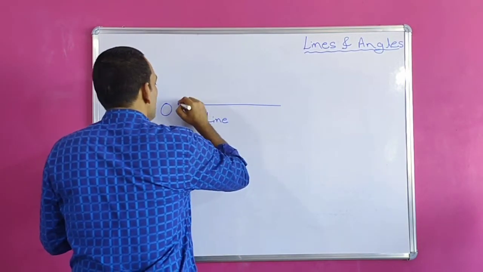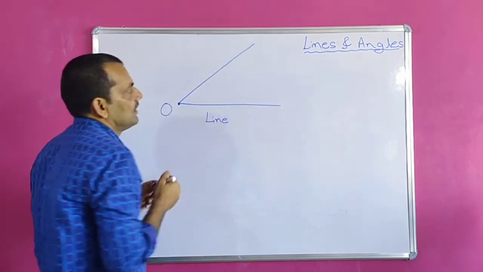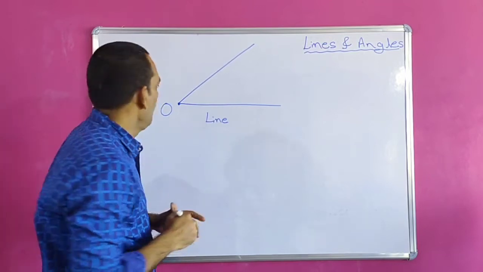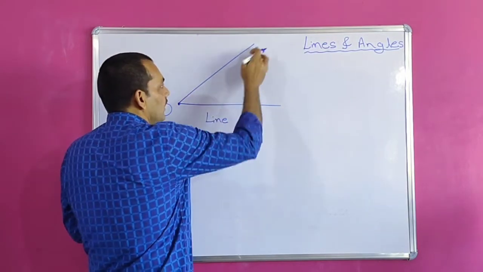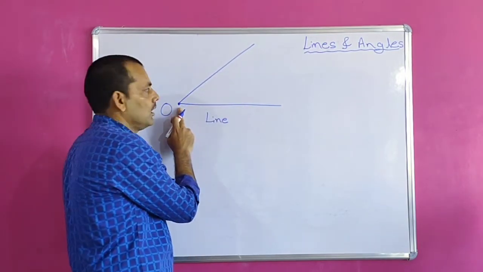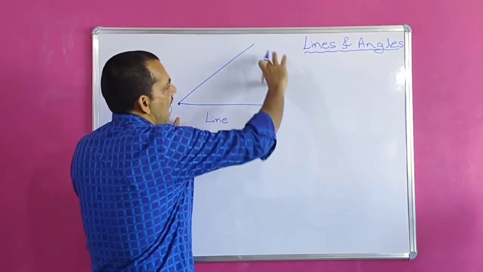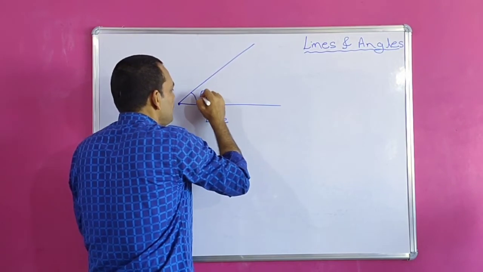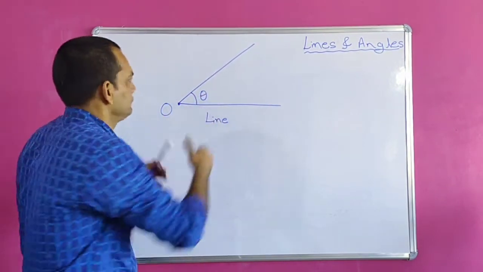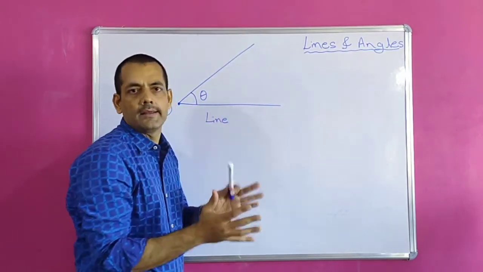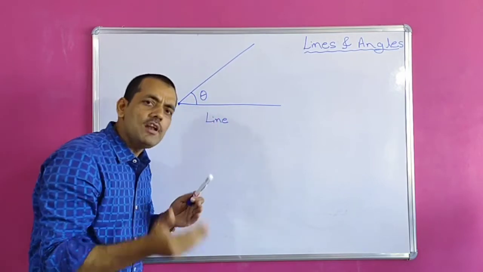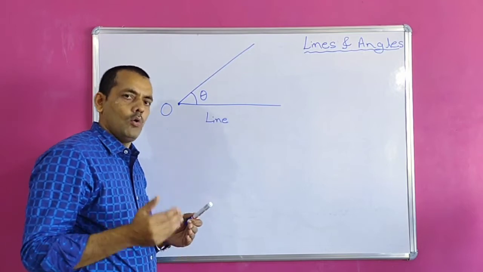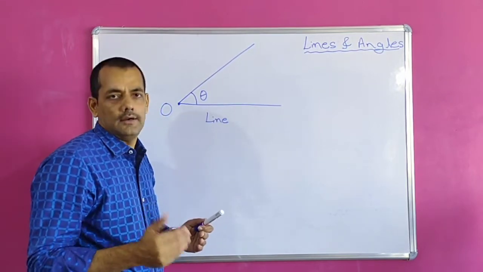If these two lines are in this format, where one point is common and the other two points are at a distance, then these are said to be inclined at an angle. This is known as the angle, which is generally represented in terms of degrees and denoted as theta.